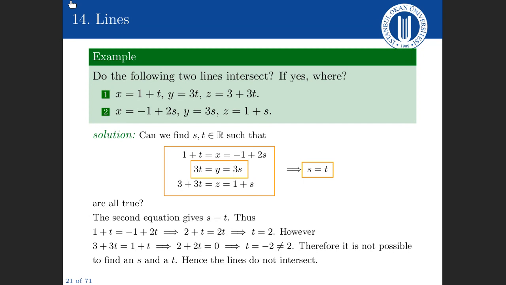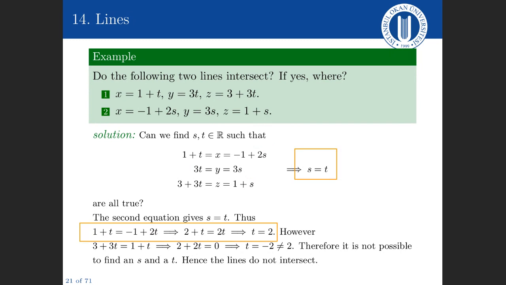The second equation tells us that s must be equal to t. If we then look at the first equation, we find that t is equal to 2, but if we look at the third equation, we find that t must be minus 2.